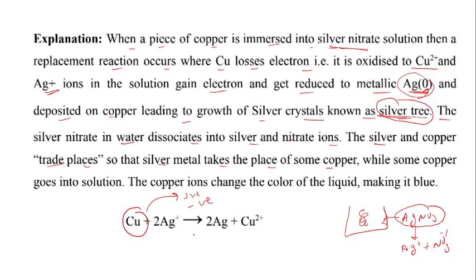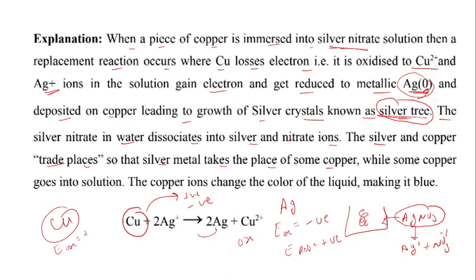Similarly, for silver, oxidation potential is negative, but reduction potential is positive. Similarly, for copper it is just the inverse.